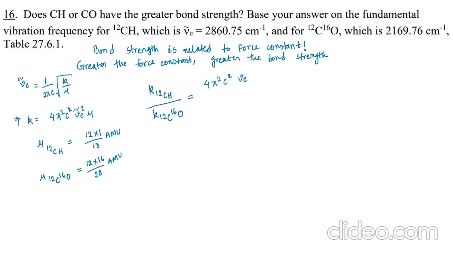So this is nu bar square for 12CH, and again mu is for 12CH. Then here it is common, 4 pi square c square, nu bar square for 12C16O into reduced mass of 12C16O again. So this part is common, so we can cancel it, right?